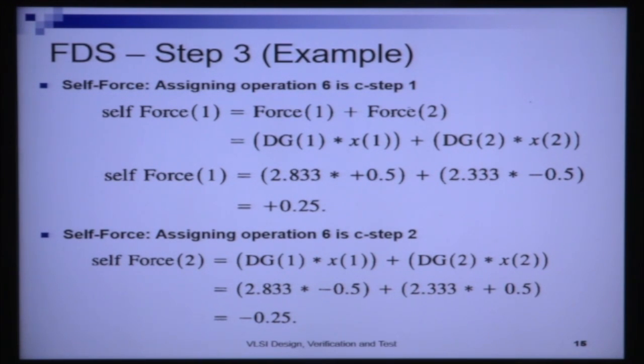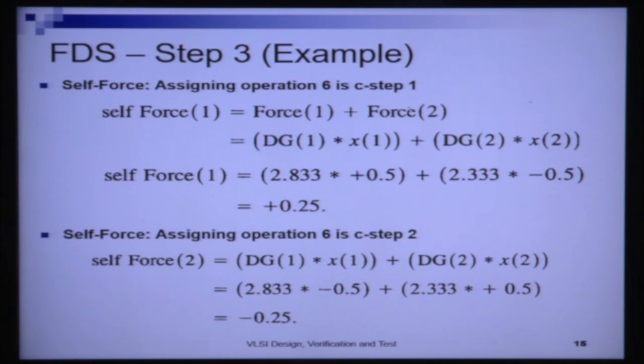Previously my assignment probability was 0.5, now it is 0. So, 0 minus 0.5 gives me minus 0.5, plus the dg at time step 2, which is 2.333, multiplied by plus 0.5. Why? Because now it becomes 1 minus 0.5, that is plus 0.5, the change in its probability of assignment, and this value is minus 0.25.